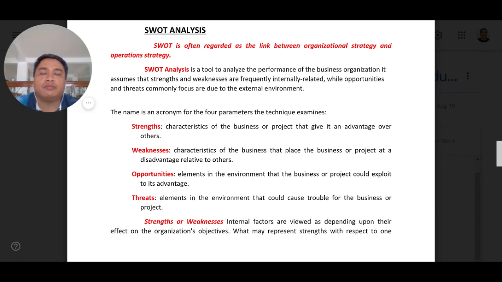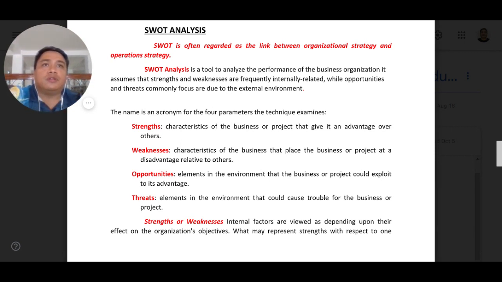So what do you have inside? In terms of our 5 M's, let us identify in terms of our inputs what we have. What is our strength in terms of manpower, materials, machines, and methods? So what are your strengths? You have identified that. For example, in our manpower, they are highly trained.